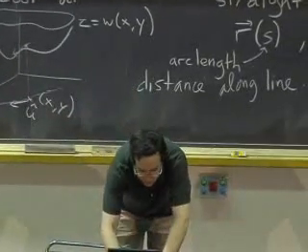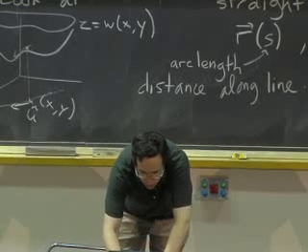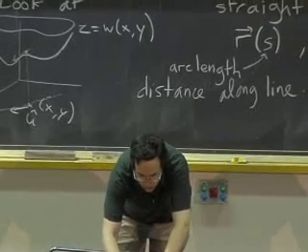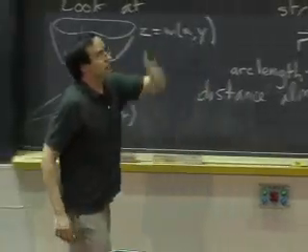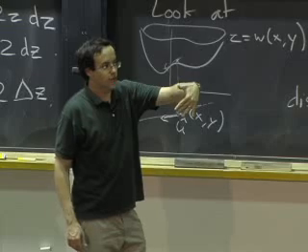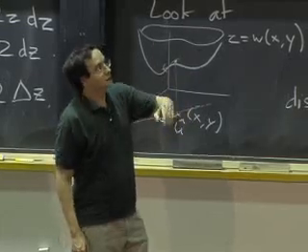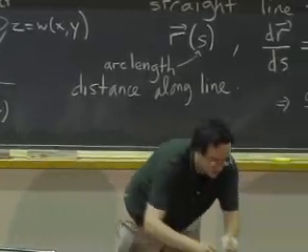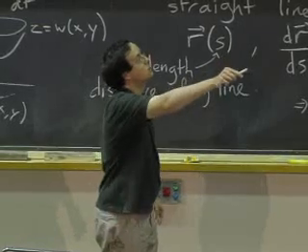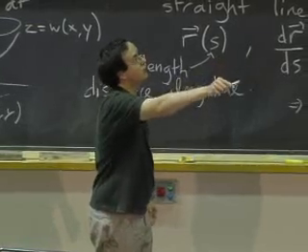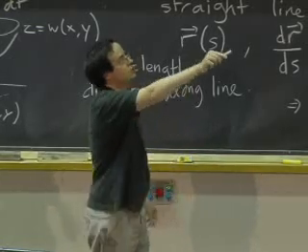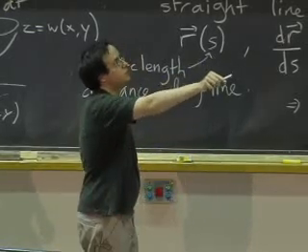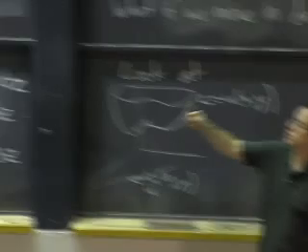At any point I can slice the graph of my function by two planes, one along the x direction and one along the y direction. Then we look at the tangent lines to these slices, and their slopes give us the partial derivatives.